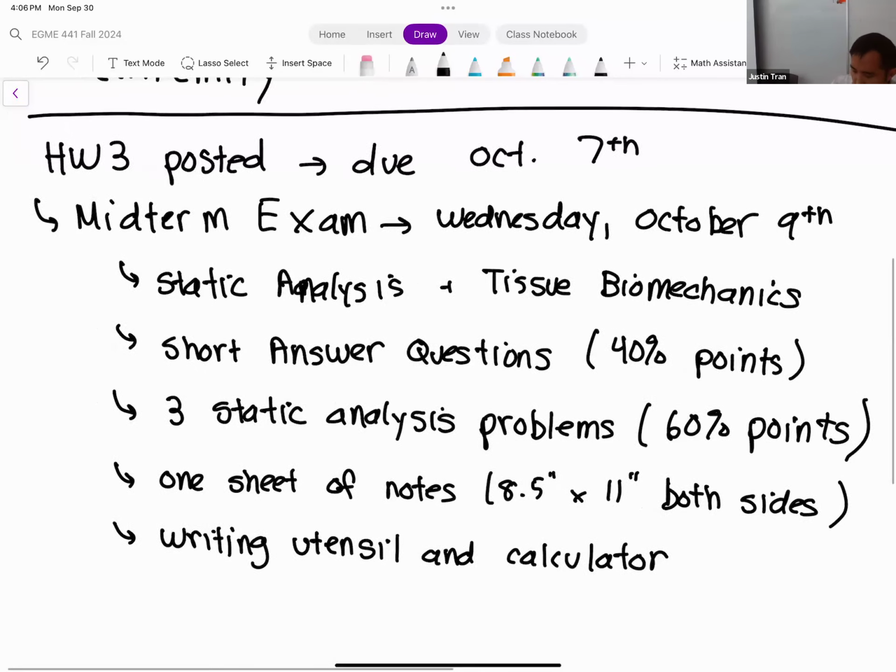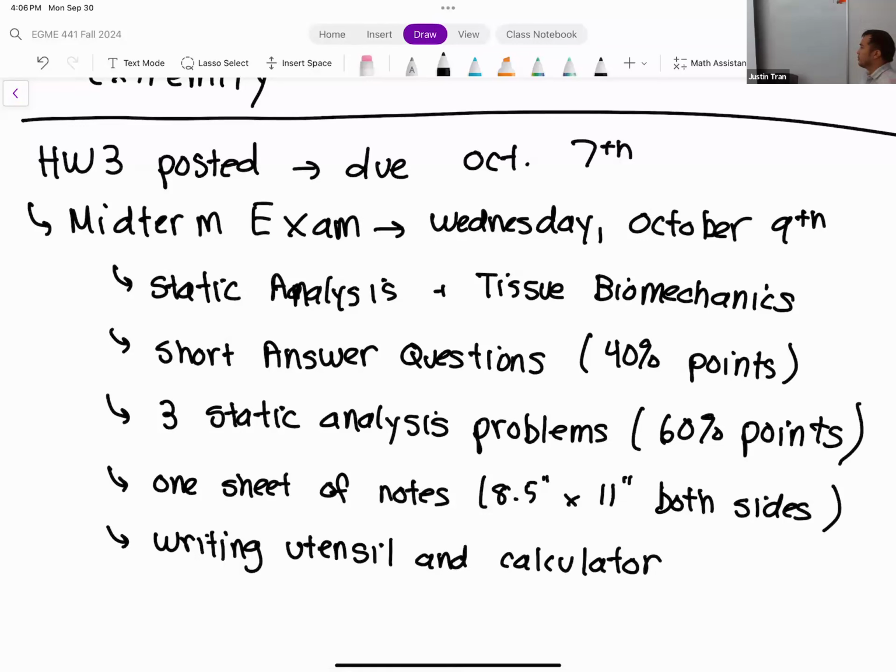In terms of calculations, you shouldn't expect anything beyond basic arithmetic. We've been doing static analysis problems for a while, so you can see it's basically just a bunch of algebraic calculations. But a calculator is really useful to have, just to make those computations more efficient.